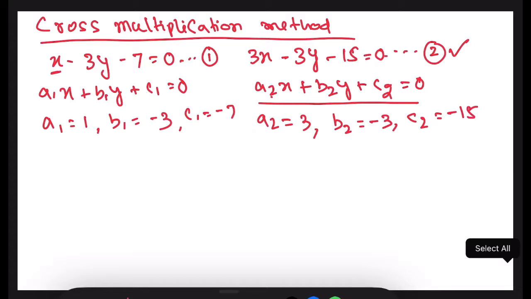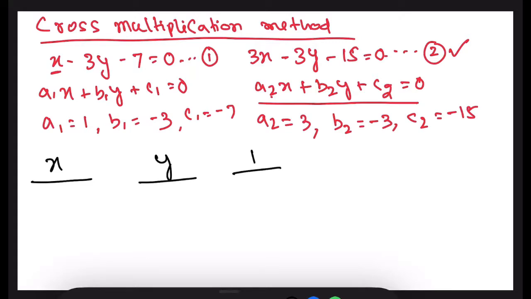Now we shall do what? Put the formula. We write x upon, y upon and 1 upon.